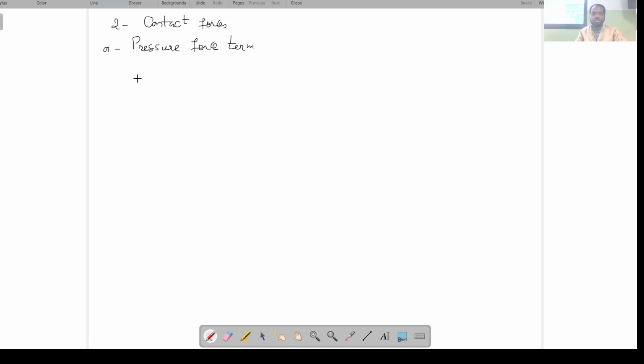Pressure force term. So we consider a cubic fluid element with the same volume delta V. Delta V equals delta X times delta Y times delta Z. This is our fluid element or control volume.